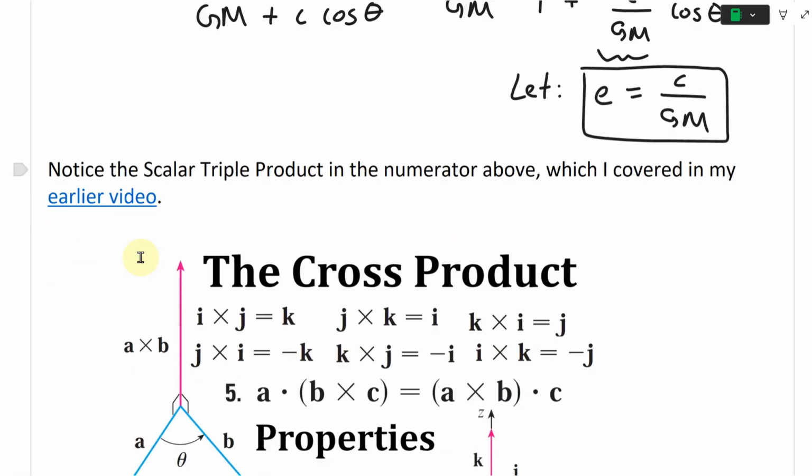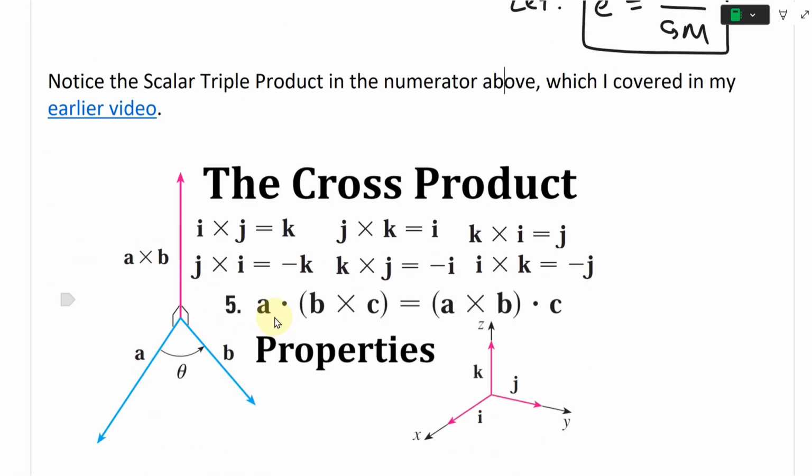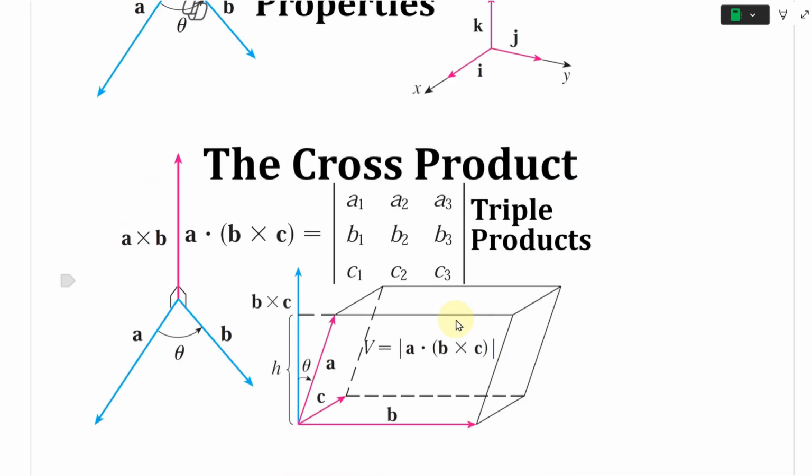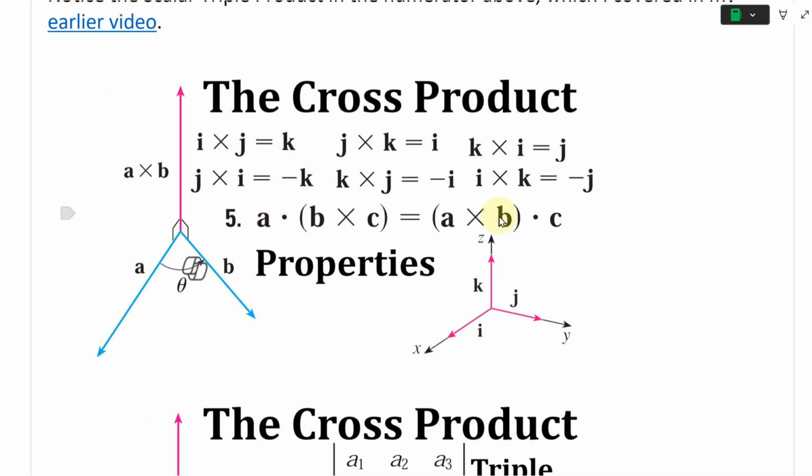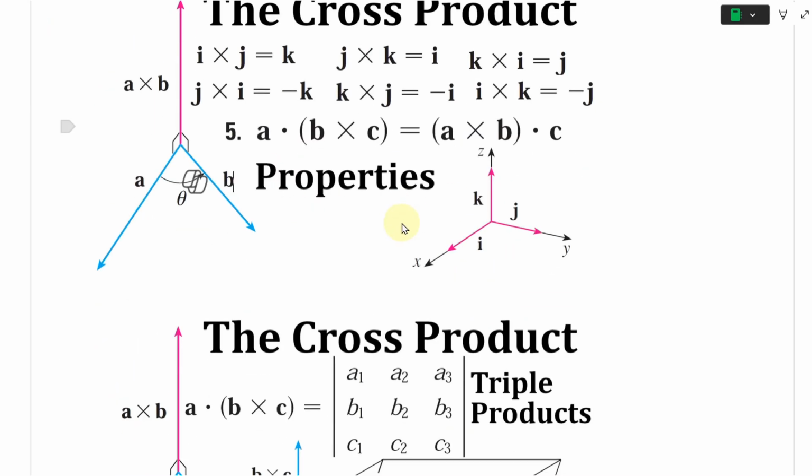There's a link to that in the notes; scroll down and you'll see the thumbnails and links to videos. So a dot (b cross c) is the same thing as writing (a cross b) dot c. It's called a scalar triple product because there are three products there, but it's a scalar because you're dot producting two vectors, so you get a scalar.